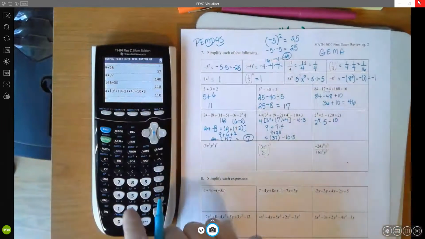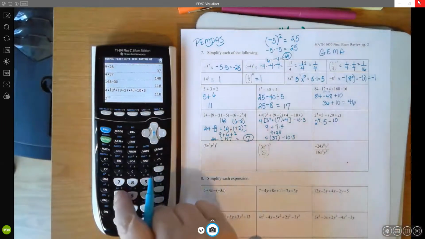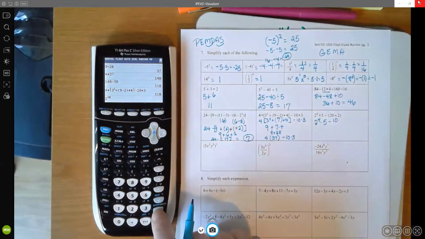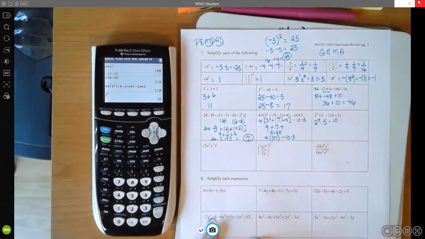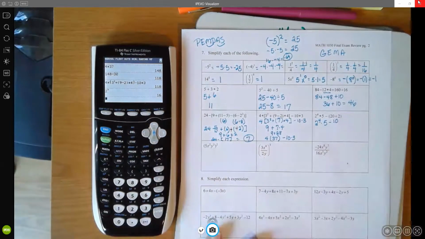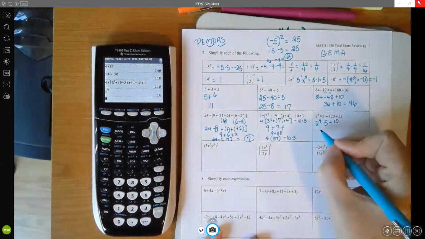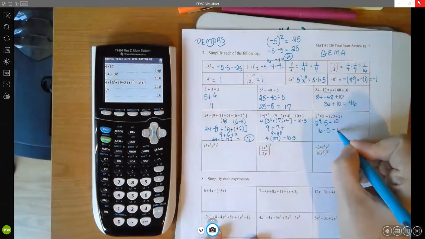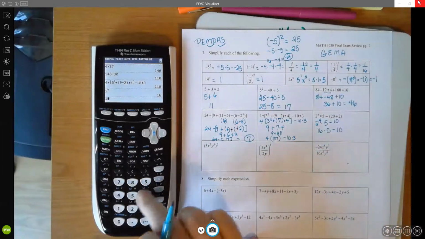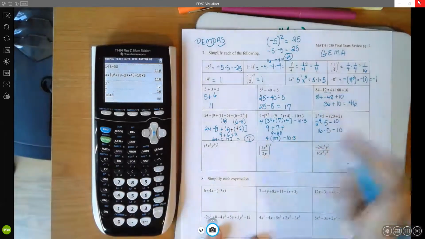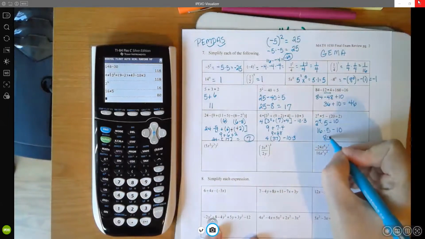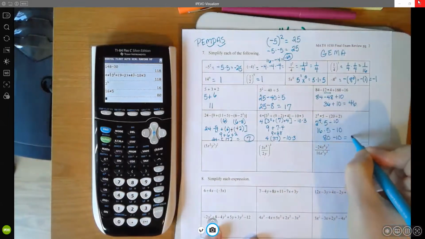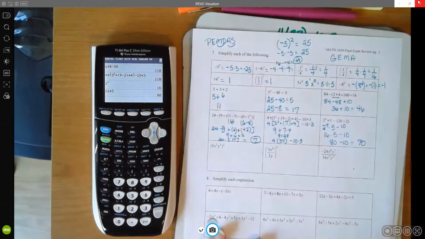I can do 2 to the 4th in my head because that's one of those number tricks I sit around all day playing with, but you probably can't. Don't worry about it. That's what your calculator's for. 16 times 5 minus 10. 16 times 5 would give us 80. 80 minus 10 equals 70.